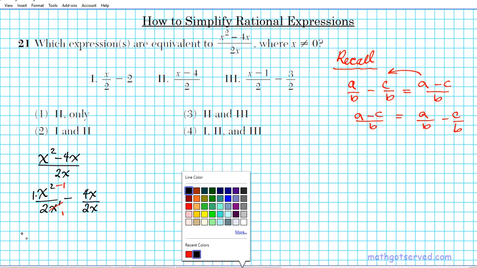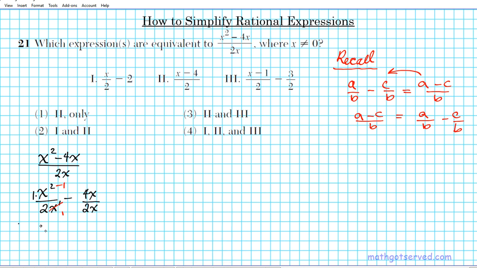Whenever you're dividing exponents with the same base, you subtract the powers. So we're going to have x to the 2 minus 1, which is just x to the first power, divided by 2, minus 4 over 2x.